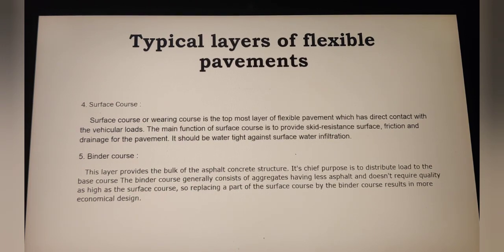The binder course generally consists of aggregate having less asphalt and does not require quality as high as the surface course. So replacing a part of the surface course by the binder course results in a more economical design.